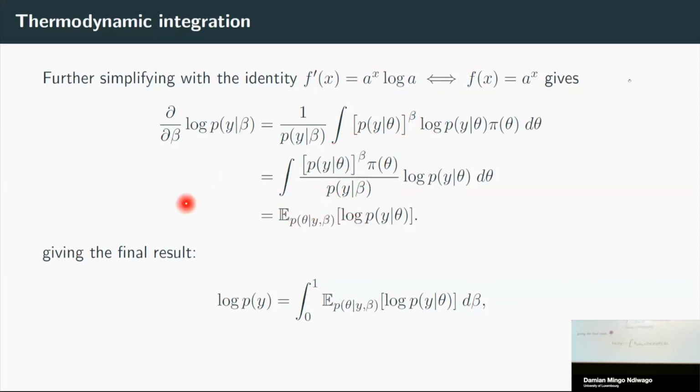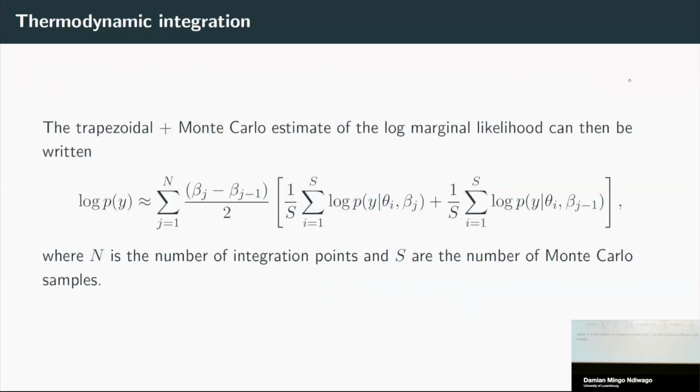And then the log marginal likelihood is this integral from 0 to 1, which becomes a numerical problem solved using any discretization method. In our case we use the trapezoidal rule, and then replica exchange Hamiltonian Monte Carlo to get the samples.